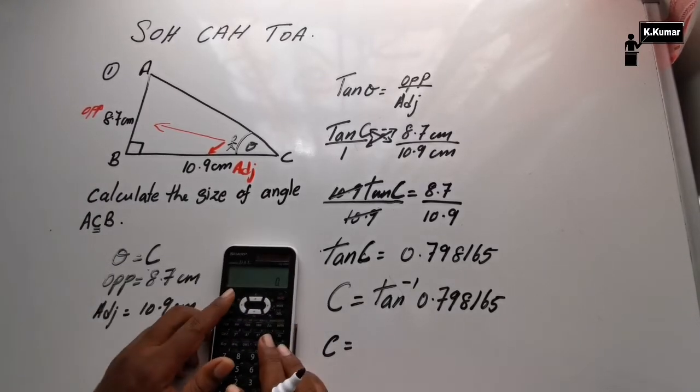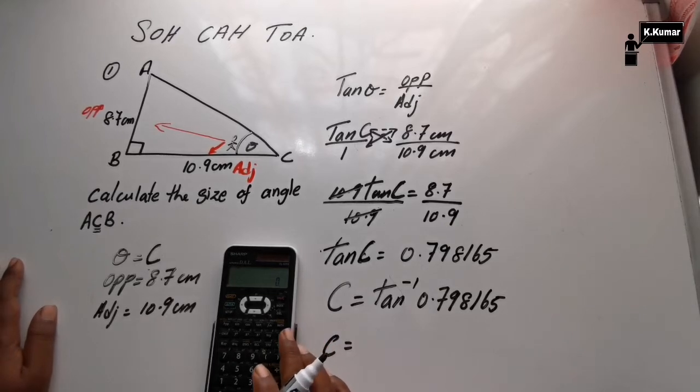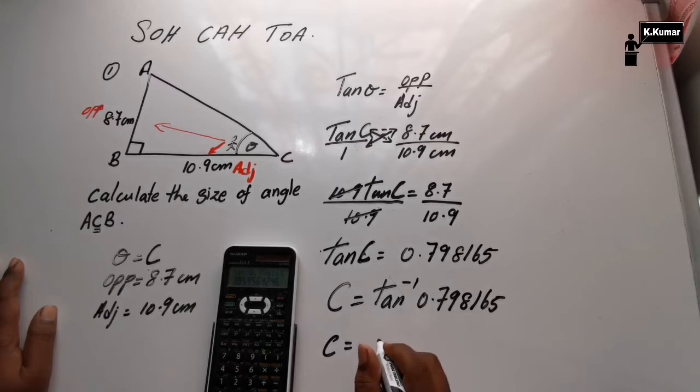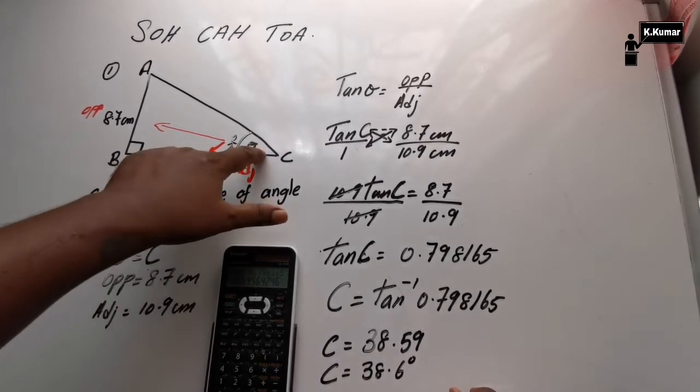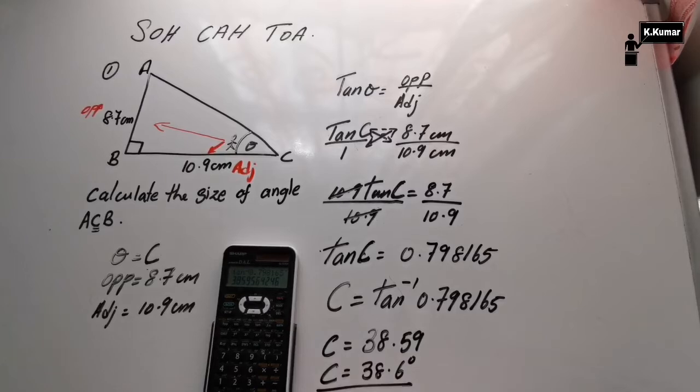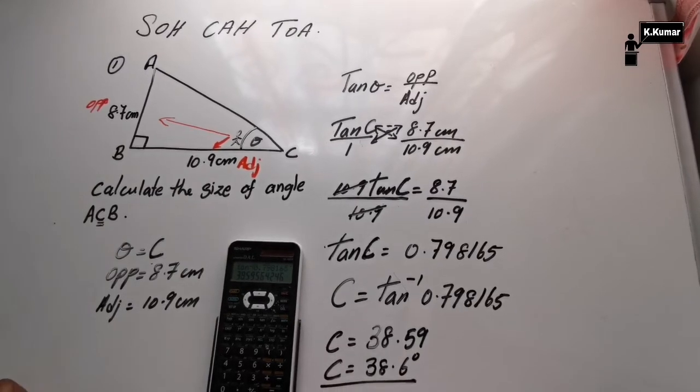So now we have to press second function, or in some calculators shift, tan, 0.798165, and it gives me an angle of 38.59. Round off to one decimal place. C is equal to 38.6 degrees. So the angle here is 38.6 degrees.